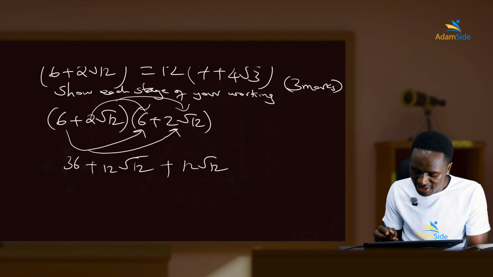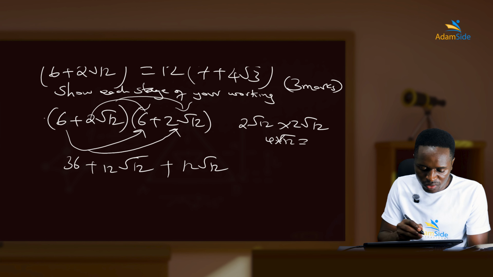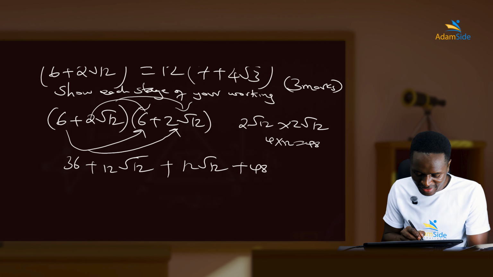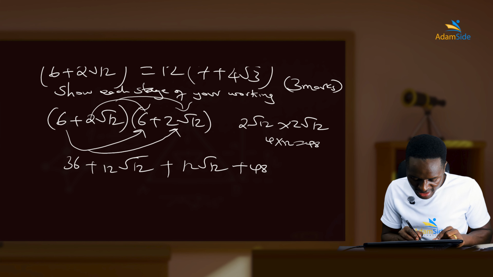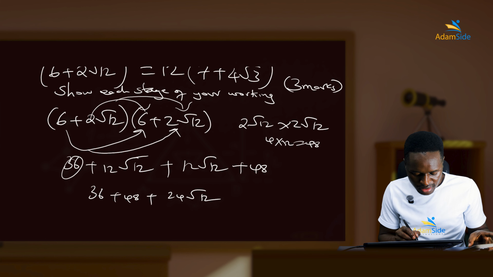Then this one times that: 2 root 12 times 2 root 12. 2 times 2 is 4, root 12 times root 12 is 12, so 4 times 12 gives plus 48. So 36 plus 48, and 12 root 12 plus 12 root 12 gives plus 24 root 12. 36 plus 48 is 84.